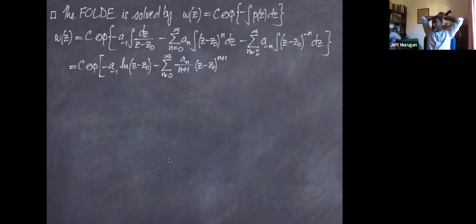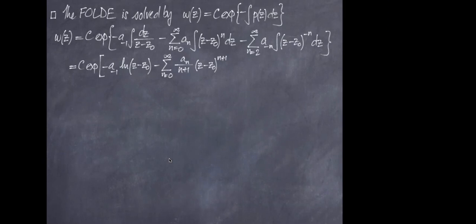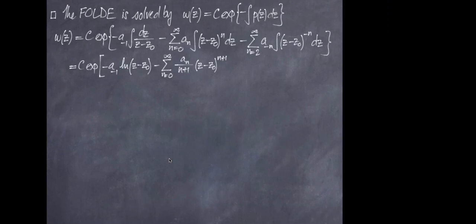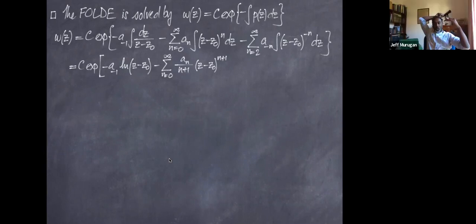N goes from minus infinity to plus infinity. I've separated that into a sum from n equals 0 to plus infinity, n equals minus 1, and n equals minus 2 all the way through to minus infinity. But then by changing the sign of n in that last piece, I can send n from 2 to infinity and just say a minus n.